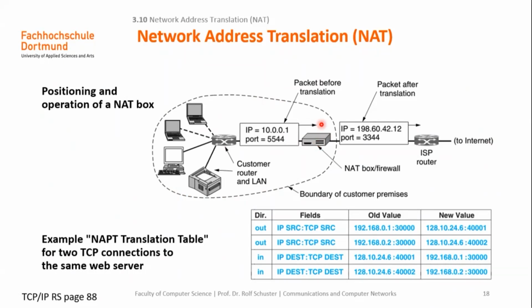Then, in this case, when a client process in those hosts needs to establish a communication with a server in the internet, they will use a NAT address translation mechanism that will be performed here in the firewall.